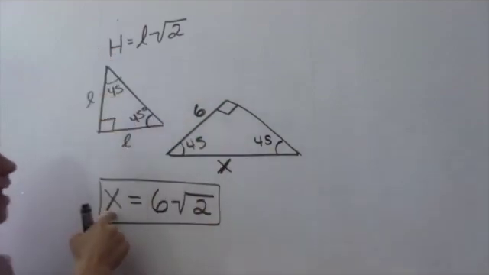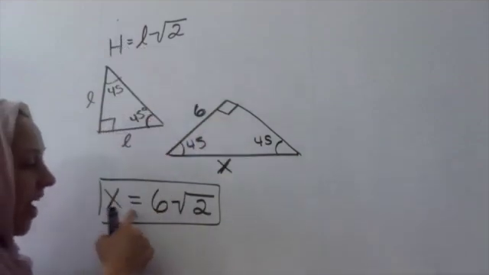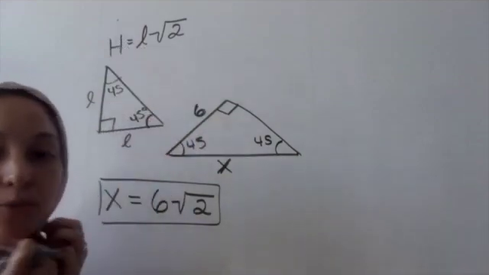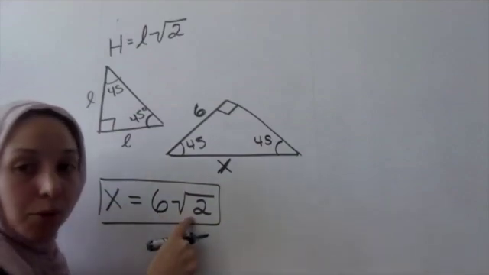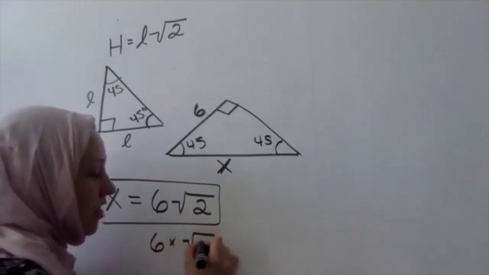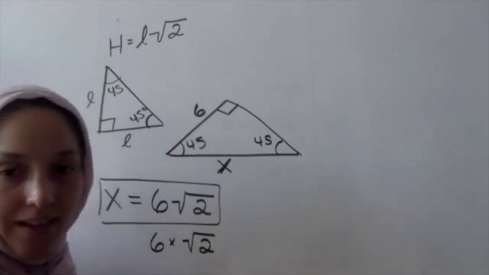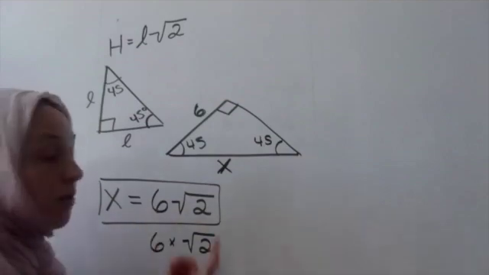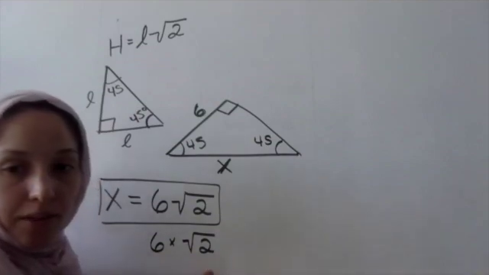I plug in for my length, and x equals 6 square root of 2. What does 6 square root of 2 mean? It means 6 times whatever the square root of 2 is, which is 1 point something.